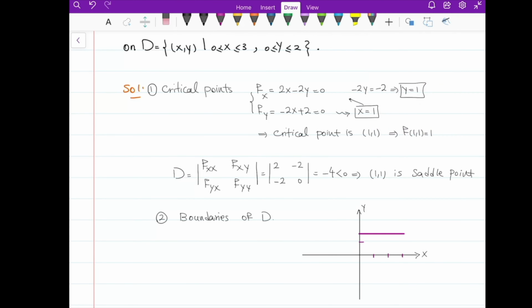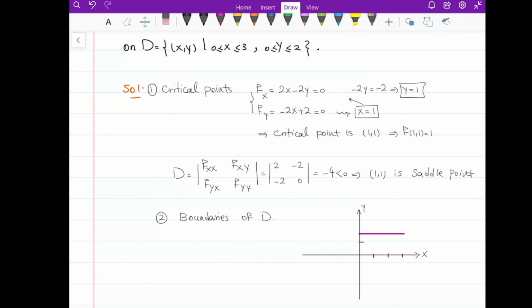For the boundaries of D, for example, this line in here has the equation y equals 0, and x between 0 and 3. Let me call it boundary equation 1. For boundary equation 2, I look at this part, which is x equals 0, y between 0 and 2.